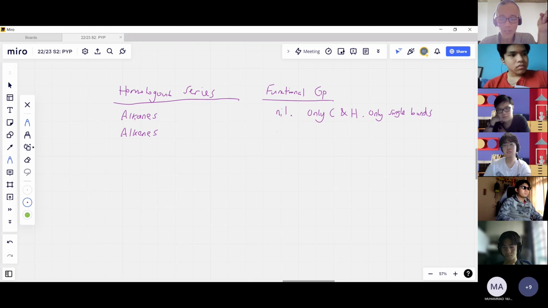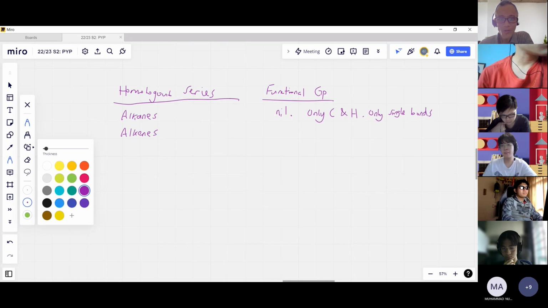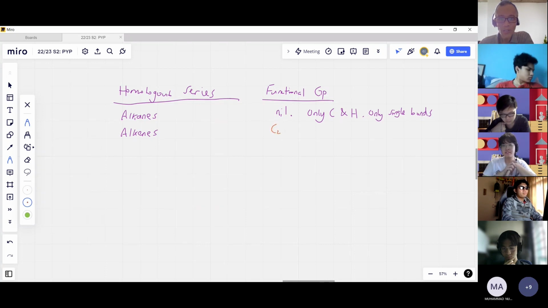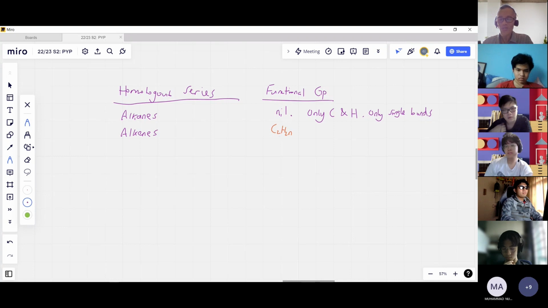What is characteristic of alkenes? They have CnH2n. Now that is known as the general formula, but you still need to answer what is the functional group of alkenes. What is inside an alkene that makes it an alkene? Double bond. Yes, that will be the answer.